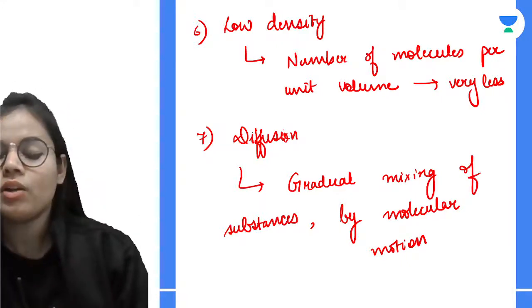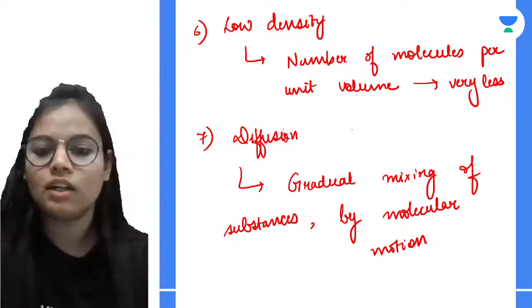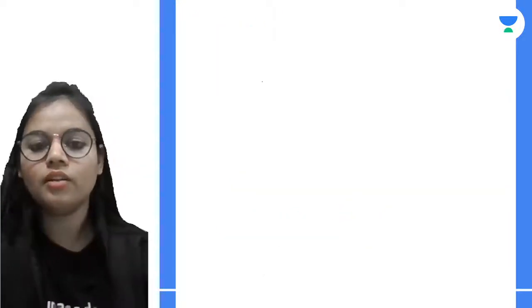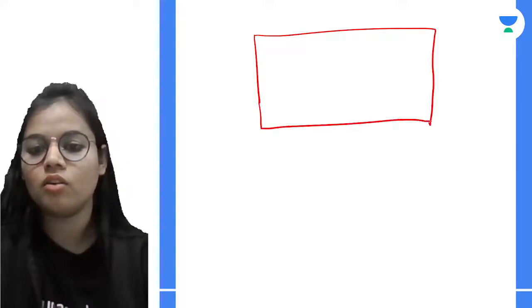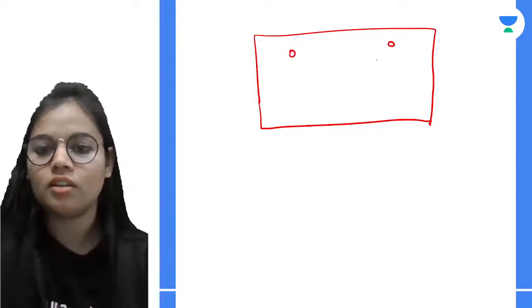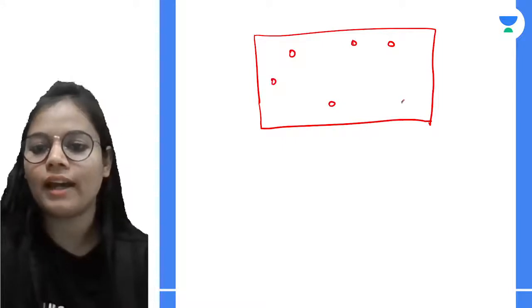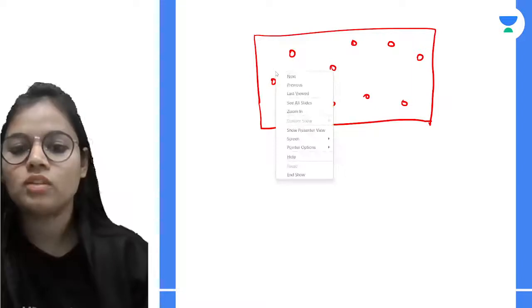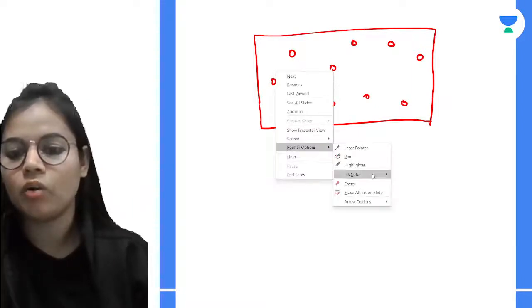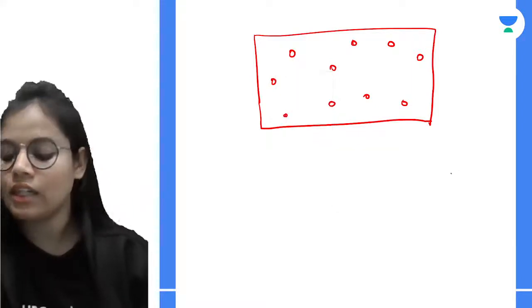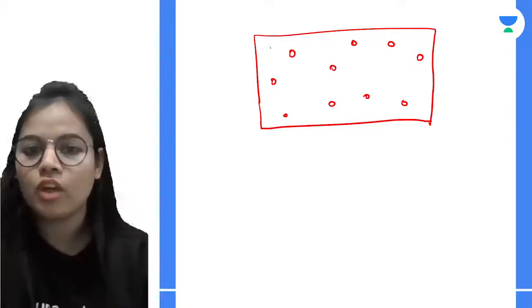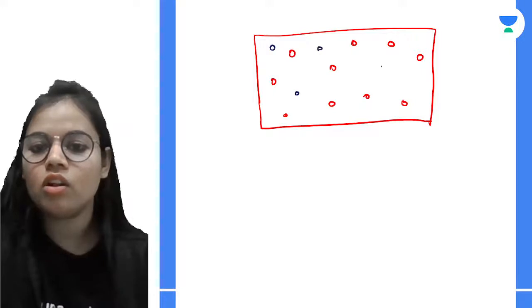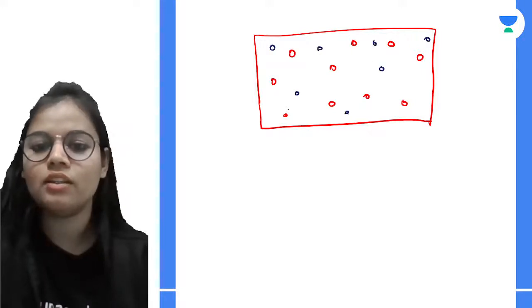I'll just draw it and show you. If this is my container, and I have a particular type of gas, the molecules are spread apart. Now if I have sprayed a perfume, the molecules will spread in this way.